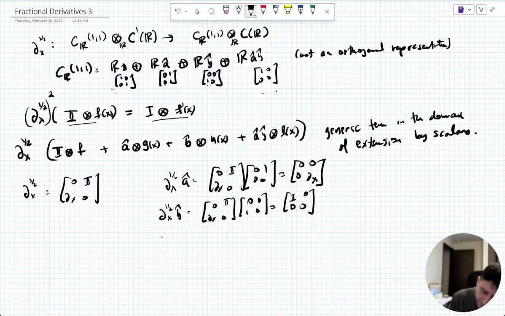And d/dx of 1 half AB is equal to d/dx of 1 half AB, which in this case is going to be, well, let's just do it slowly so that we can get it done.